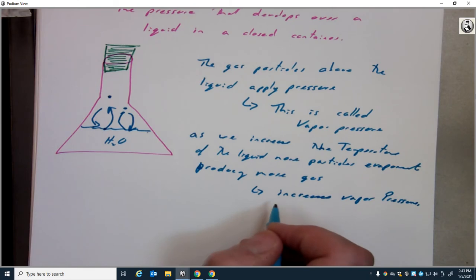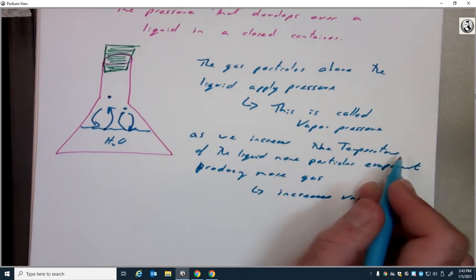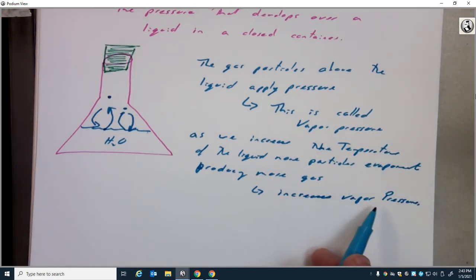So we have this direct relationship between temperature and a substance's vapor pressure.